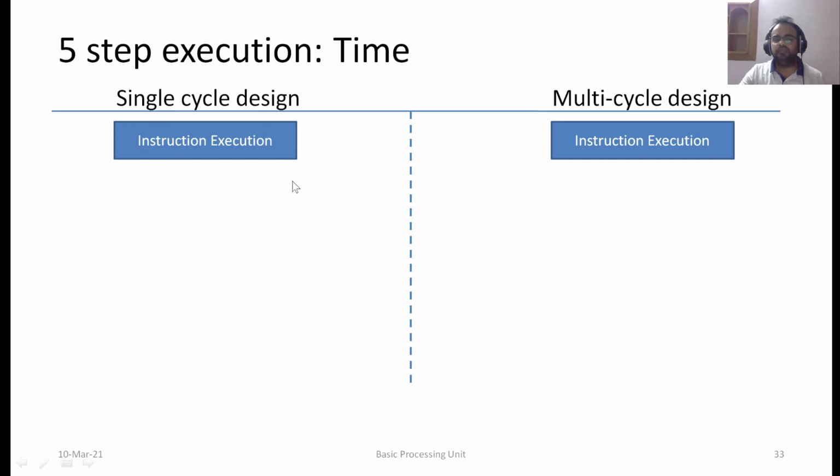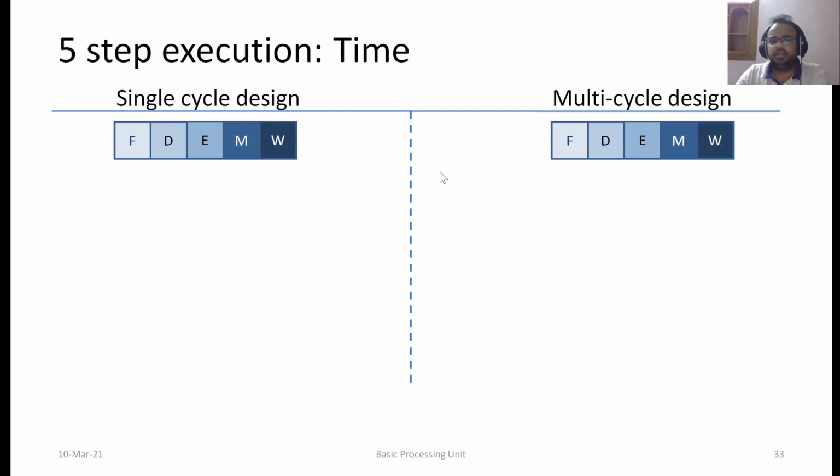The length of the box can be interpreted as the time. In both the single cycle and multi-cycle design, the instruction will go through the fetch stage, decode stage, execute stage, memory access stage, and the write back stage.